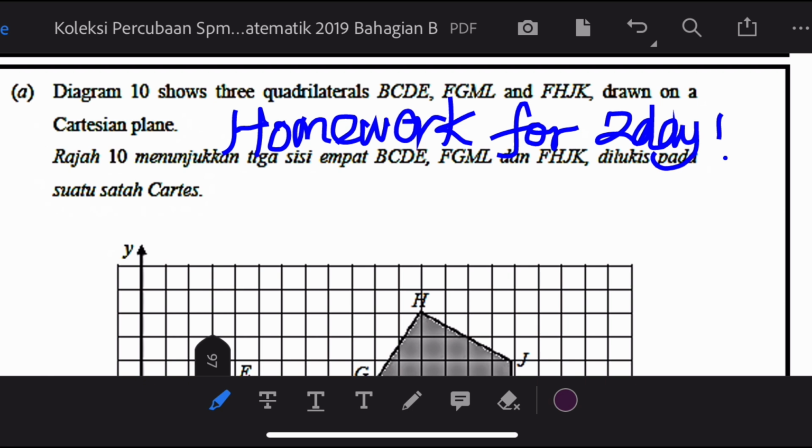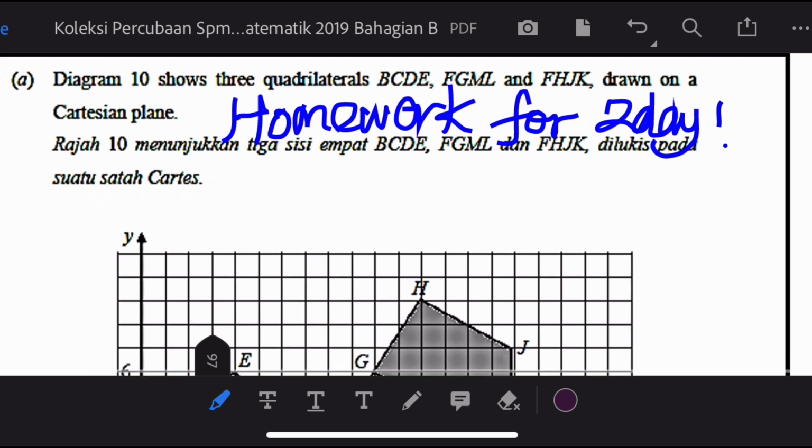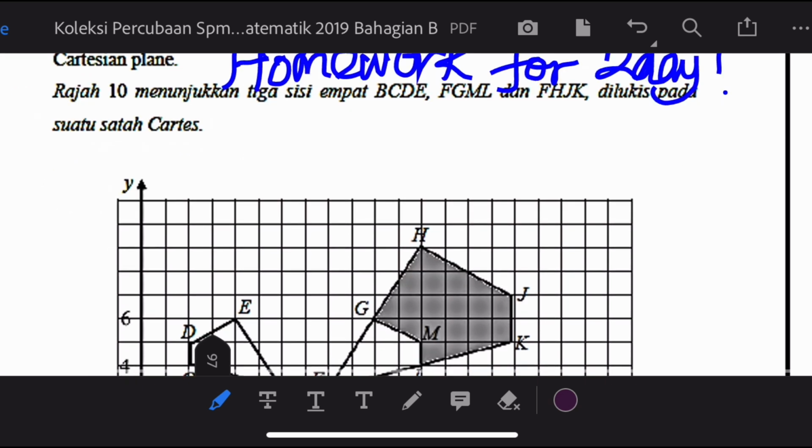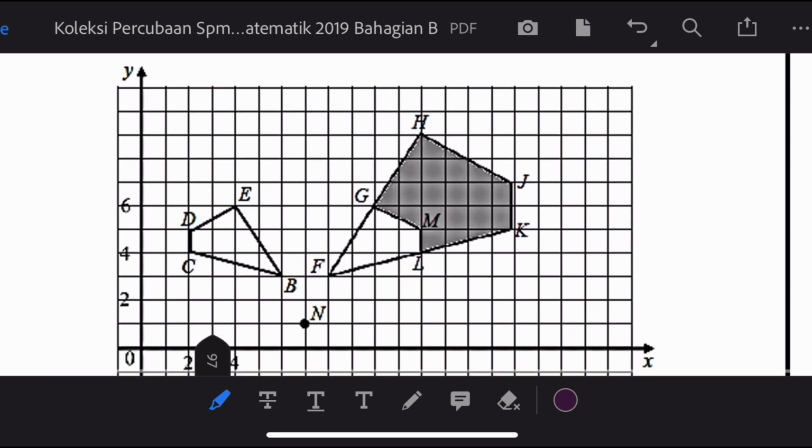You can study the diagram carefully before you do. Identify which one is your object, which one is your first image, and which one is your final image. Right? So this is the diagram.